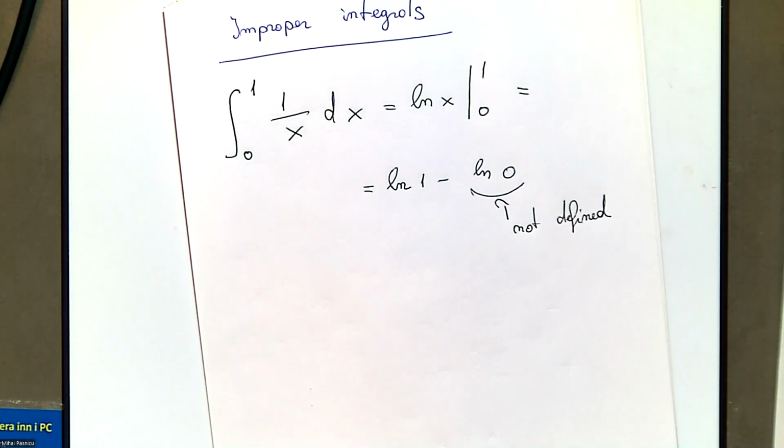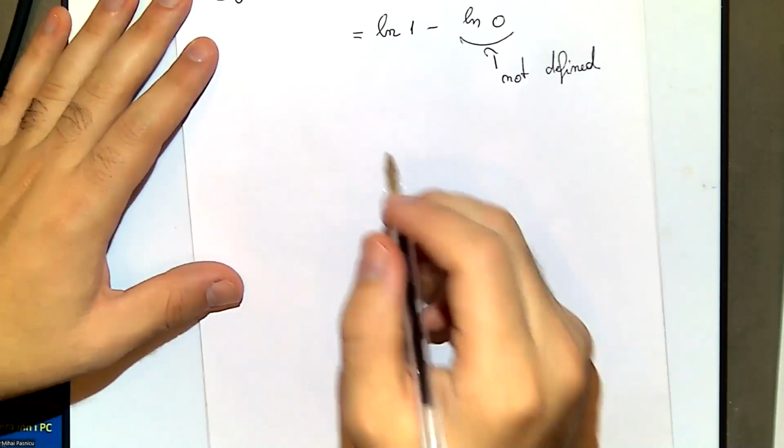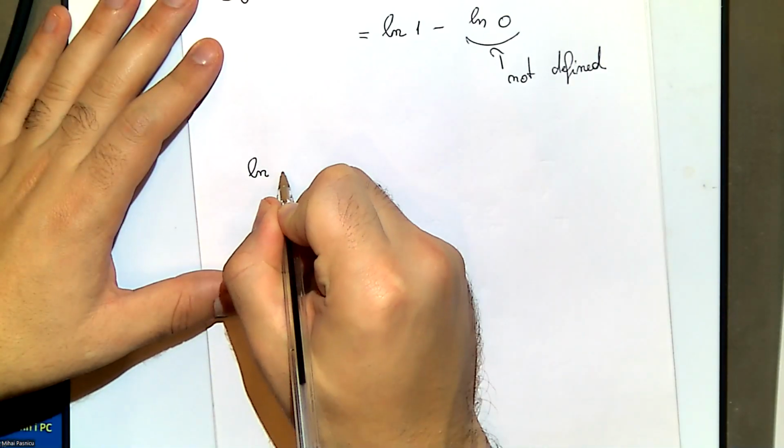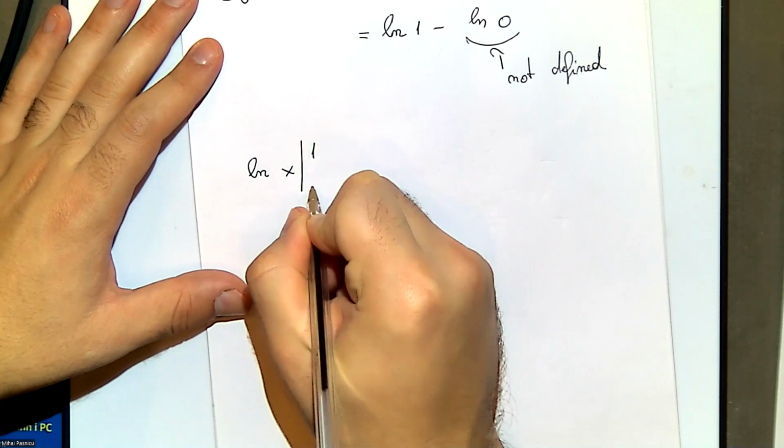Whenever you're dealing with something that's undefined or just doesn't make sense, for example, I could have made the integral 1 over 0, that's undefined as well. So whenever you're dealing with stuff like this, the common assumption is to say, okay, I can't compute ln of x from 0 to 1.